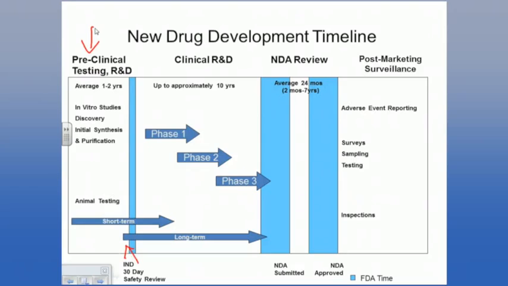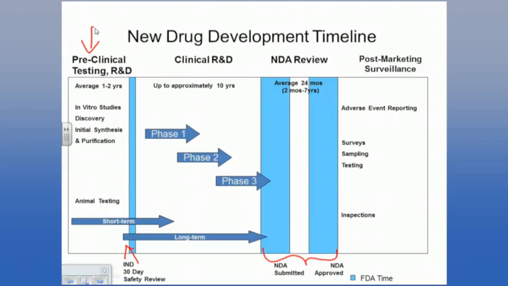And then sequential phases of drug development in humans, and then further review by your regulatory authority to either give the green light or not to the drug being used in clinical practice, which is this phase here. And then post-marketing surveillance after the drug has been approved to ensure that it continues to meet the safety and efficacy requirements of the regulatory authorities in your country.